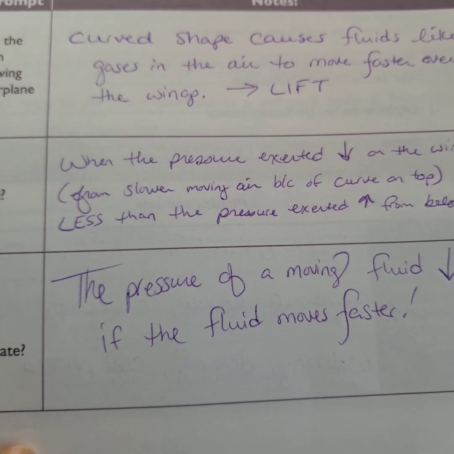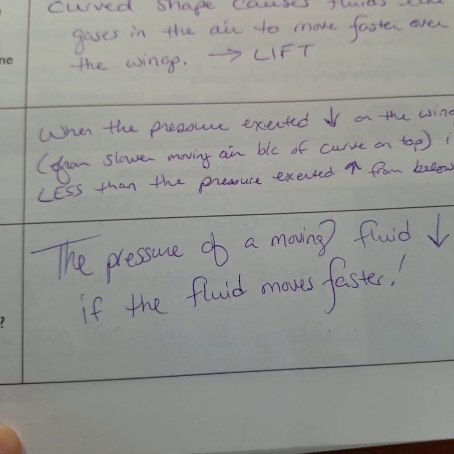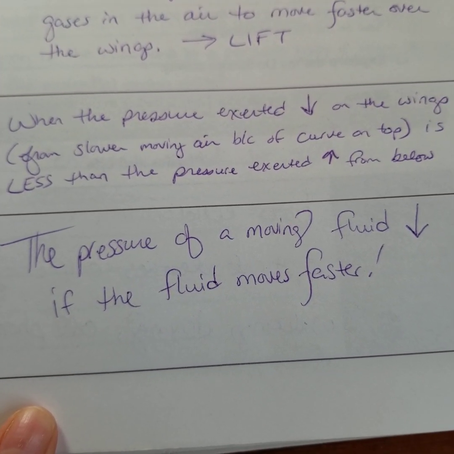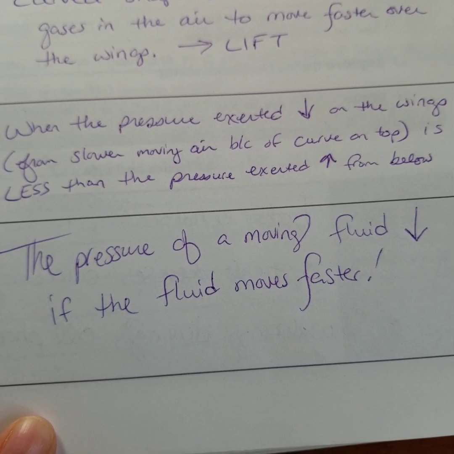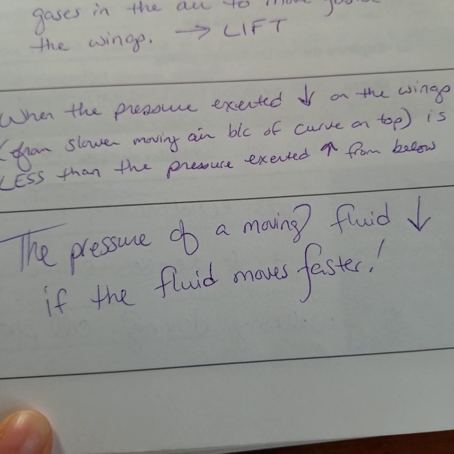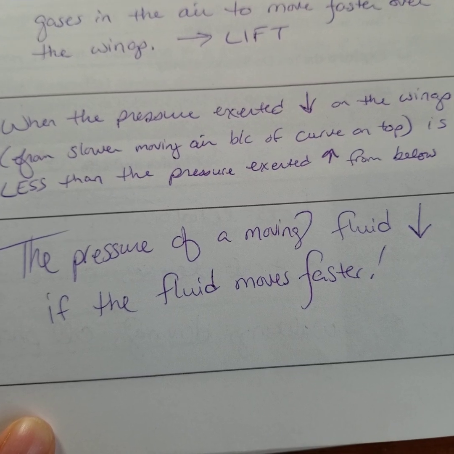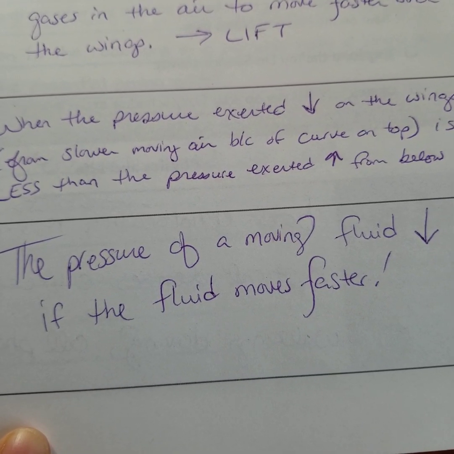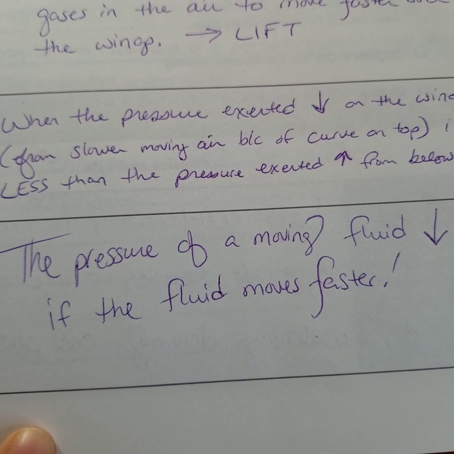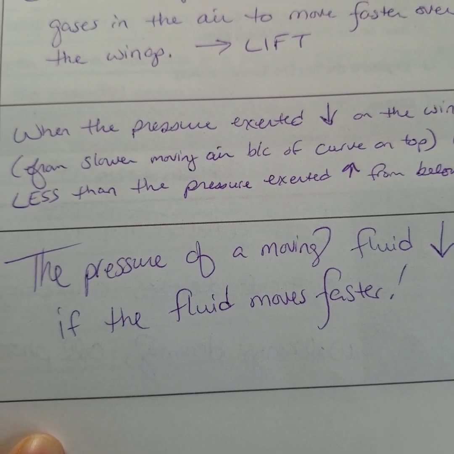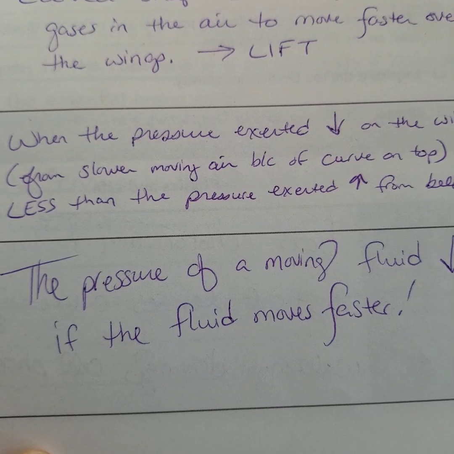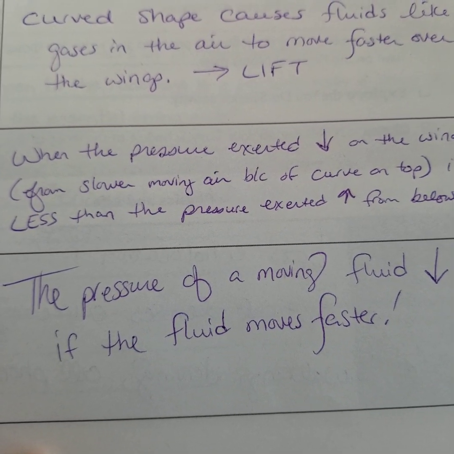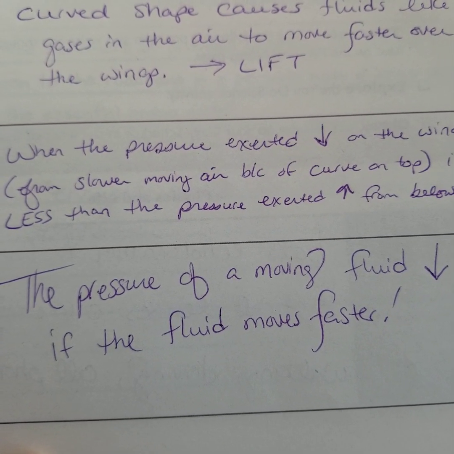Okay. What does Bernoulli's principle state? This is cool. The pressure of a moving fluid, or gases in the air, decreases if the fluid moves faster. Isn't that cool? The pressure of a moving fluid decreases if the fluid moves faster.